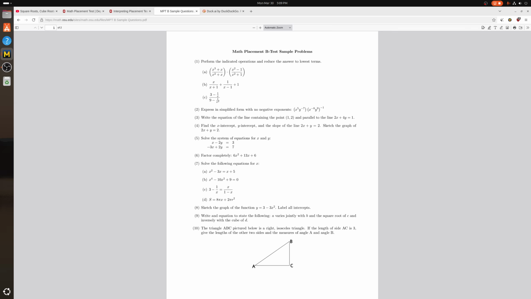Fuck, wait, 7 and 6. That's 12. What am I doing? That's 13 now. What am I doing? 7 and 6. 8. Fuck. 8 and 5.